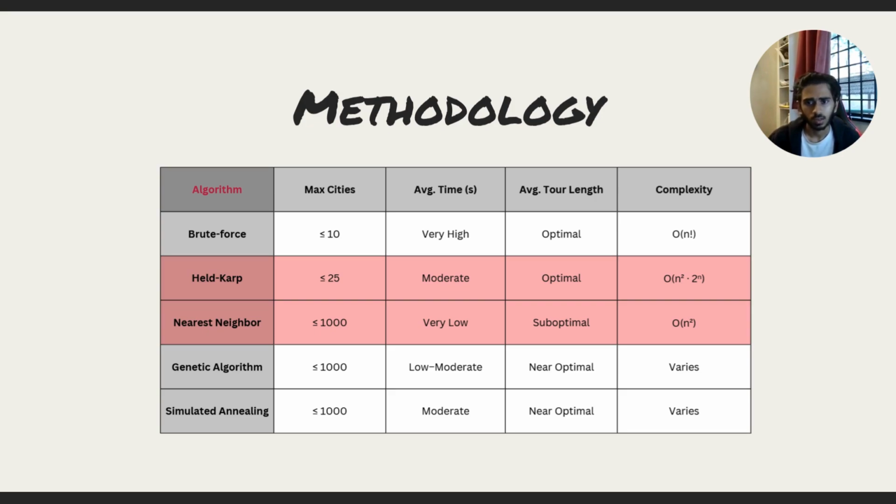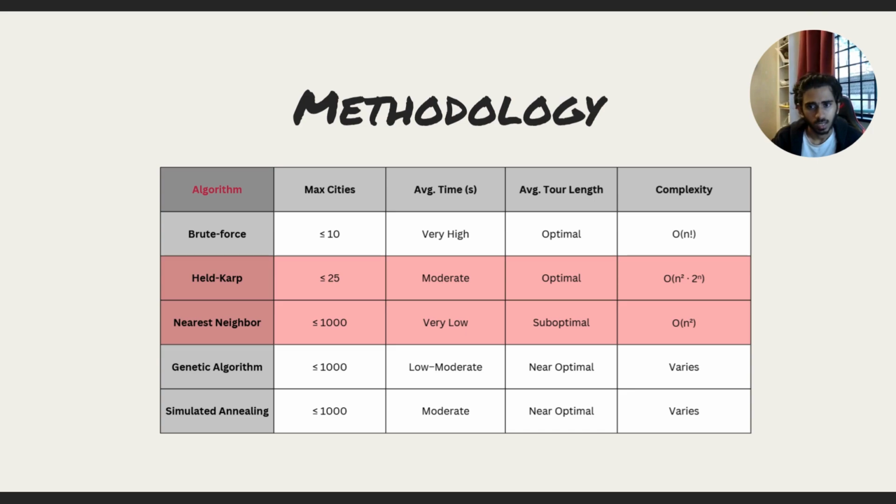Genetic algorithm and simulated annealing are both heuristic approaches, but the complexity varies when the distance or the number of dataset increases or decreases, so we can't really compare these two. Aside from that, brute force is not supposed to be a competition between Held-Karp and nearest neighbor, because brute force is an approach which we can use in all of the algorithms.